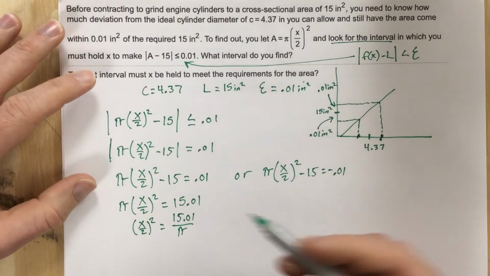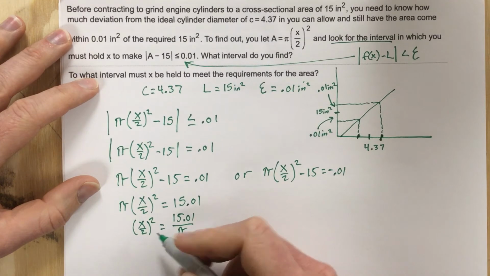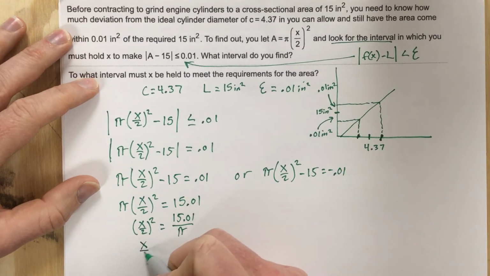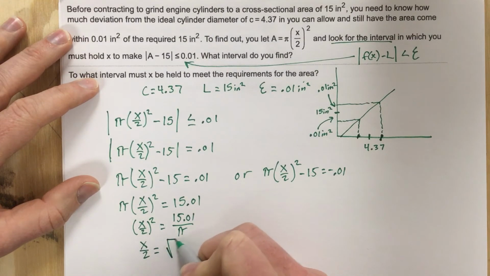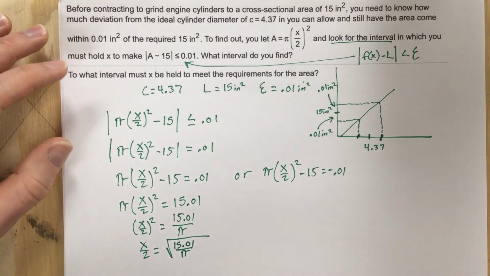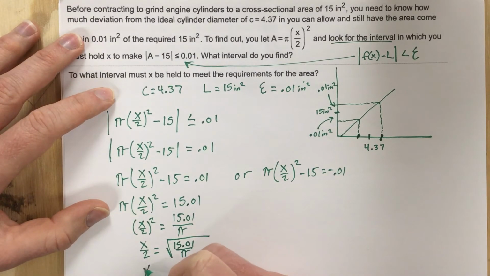Diameters can't be negative, so we're just going to ignore the plus minus part. So this will be x over 2 equals the root of 15.01 over pi. And the last step, we're going to say x equals 2 times the root of 15.01 over pi.